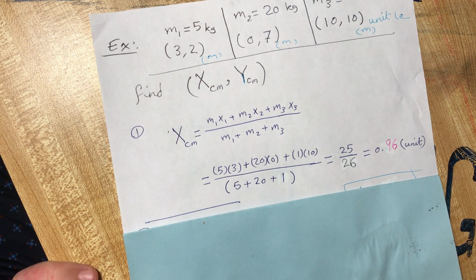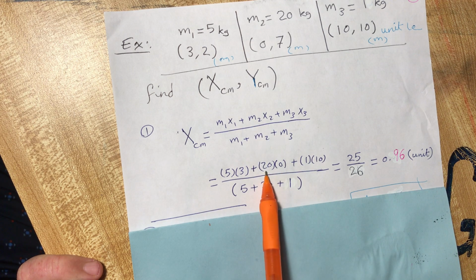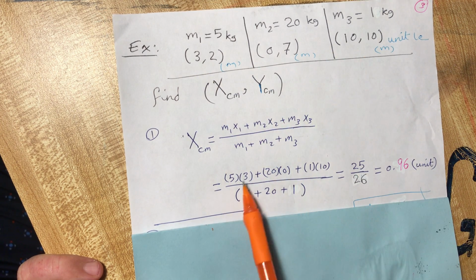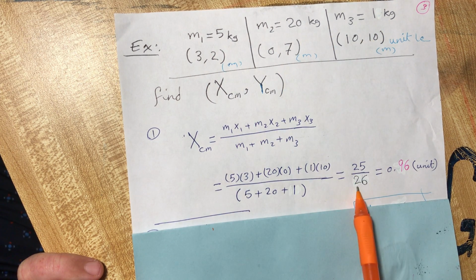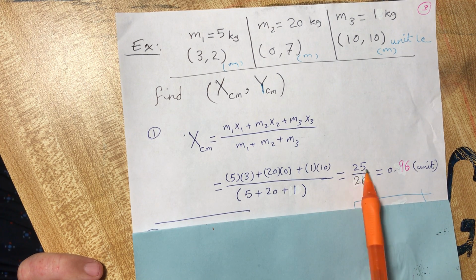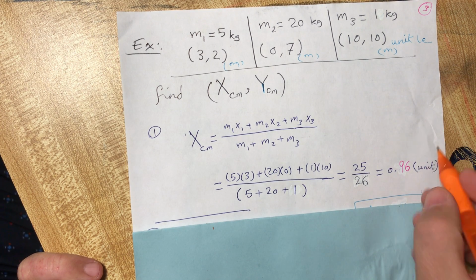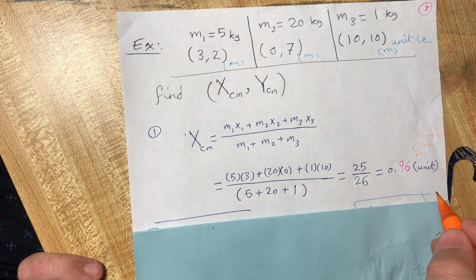We just need to put in the numerical values: mass 1 is 5, mass 2 is 20, mass 3 is 1, and their positions in the x direction are 3, 0, 10, and the total mass is 5 plus 20 plus 1, which is 26. Now the total value is 25 over 26, which is 0.96 units in length unit. Maybe it's in meters or centimeters or kilometers and so on.